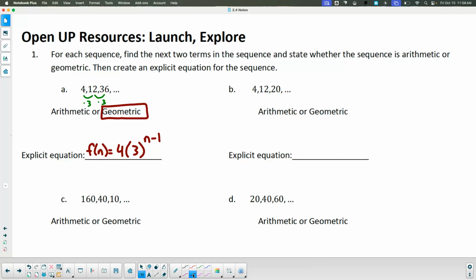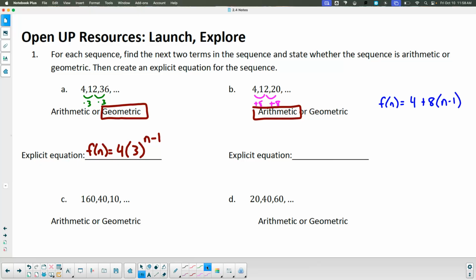In part B, it appears that we are adding 8. So that makes this one an arithmetic. My explicit equation would be f of n equals 4 plus 8 times n minus 1.